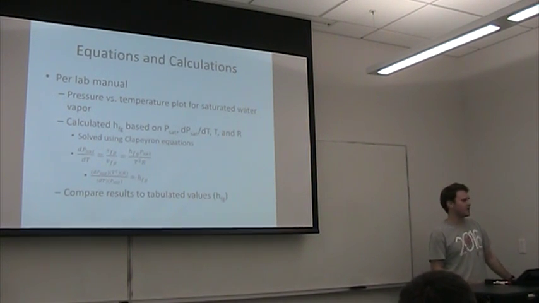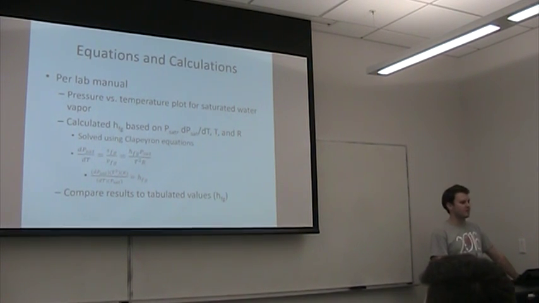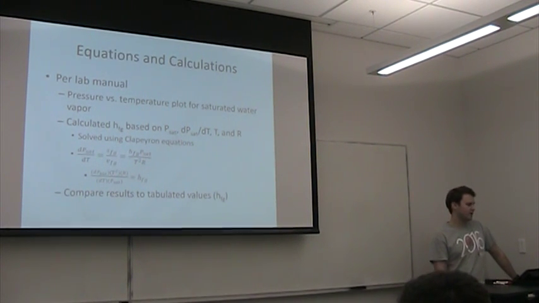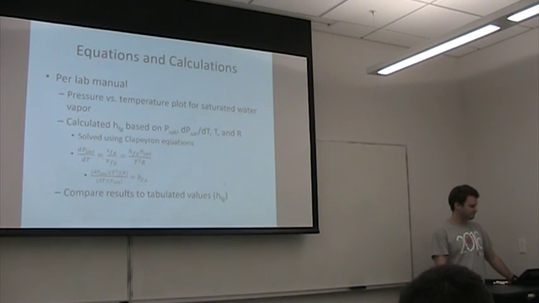Some equations and calculations that were stated in the lab manual. He wanted us to provide a pressure versus temperature plot for saturated water vapor, as you'll see on the next slide. Along with that, we want to calculate the latent heat based on these 4 parameters, which I've done here below. I started with the basic Sperier-Group equation using the ideal gas approximation, and then further solve for latent heat here at the bottom.